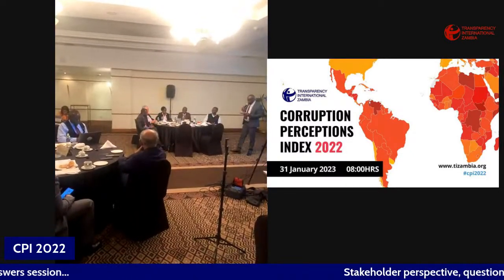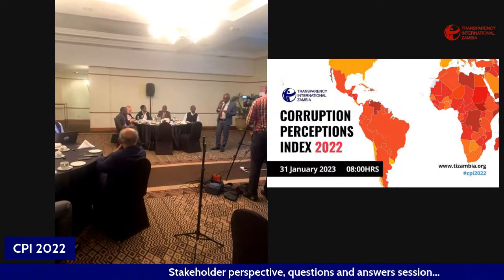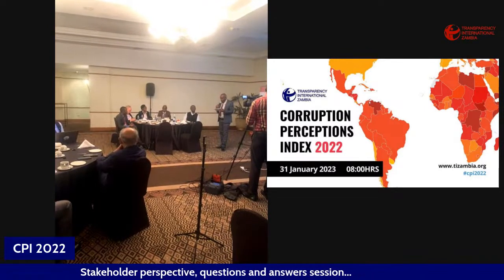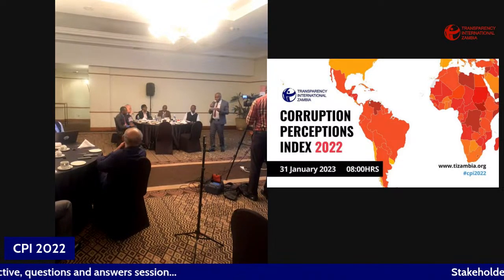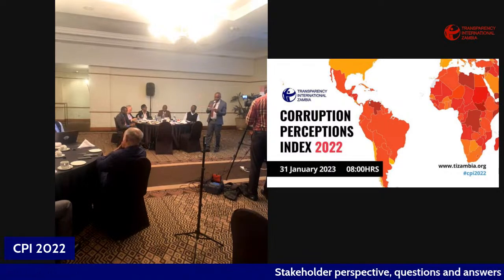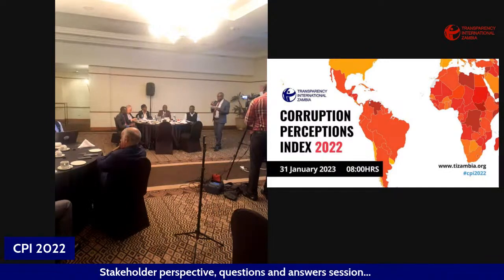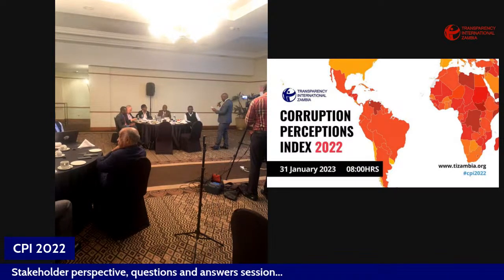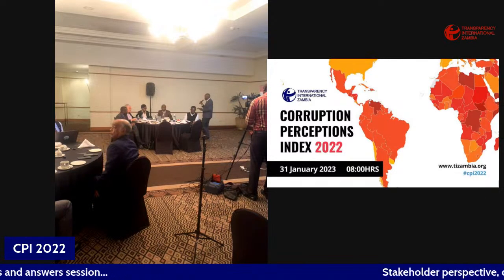So Action Aid would want to hear your reaction in terms of one, how are you prioritizing the list of cases, for example? Then secondly, how are you coordinating with the Director of Public Prosecution to ensure that the cases are quickly disposed? Thank you.